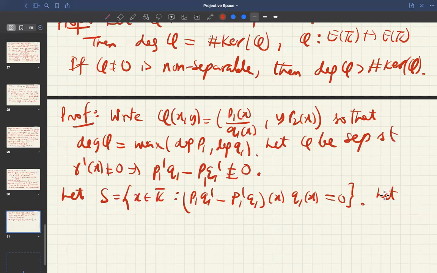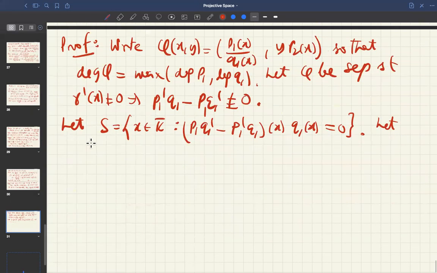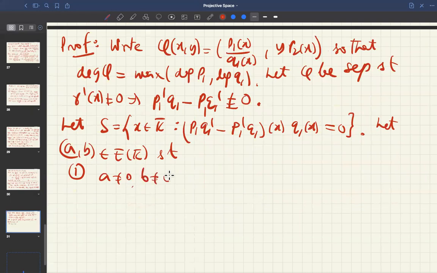Now I'm going to define some set. Let (a,b) belong to E(K bar) such that a is not equal to 0, b is not equal to 0, and (a,b) is not the point at infinity.